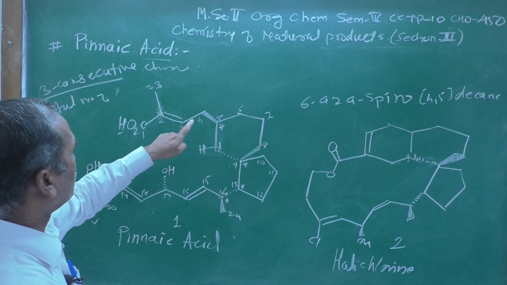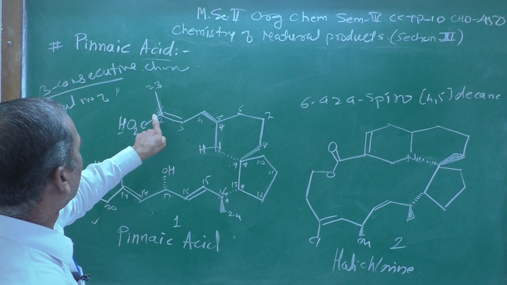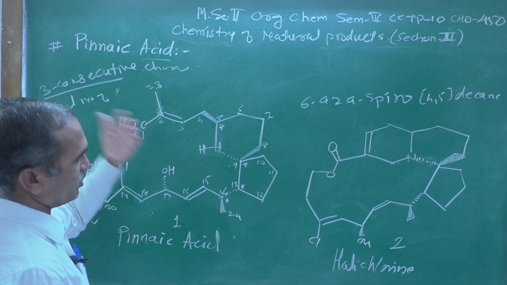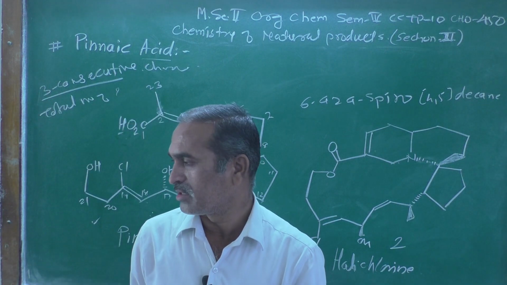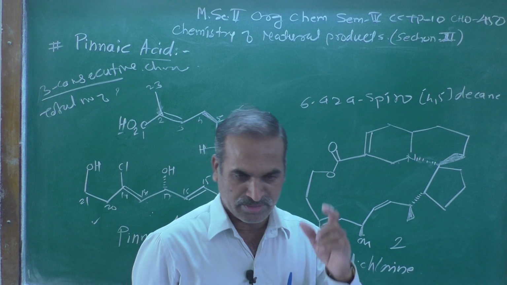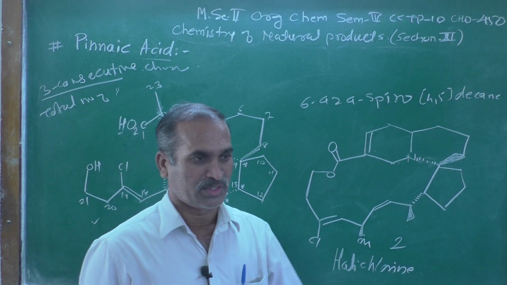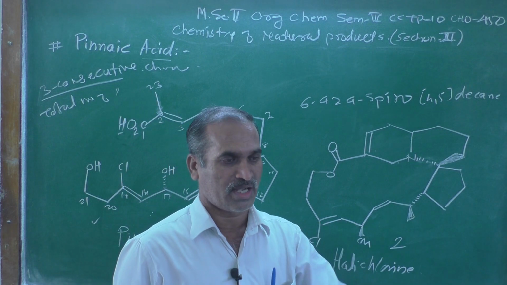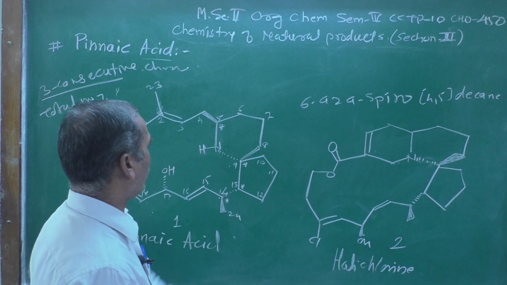Here CH2, here CH, here is a double bond, so there is no question of a chiral center. When there is a single bond and the carbon is attached to 4 different groups, then we think this particular structure has chirality.